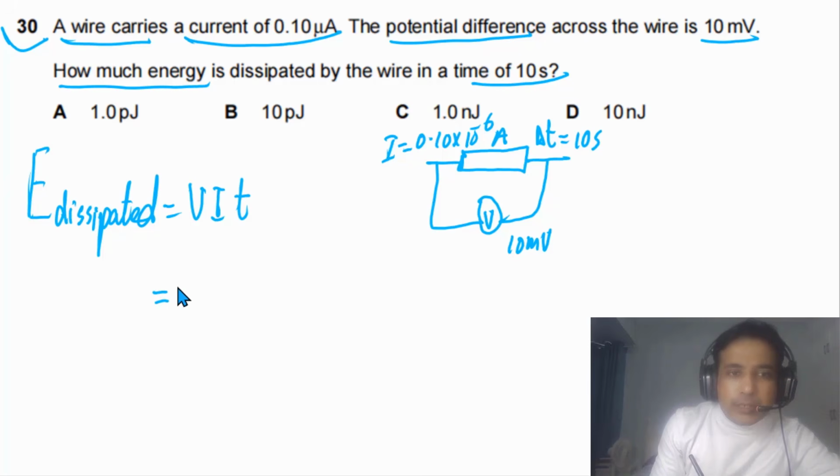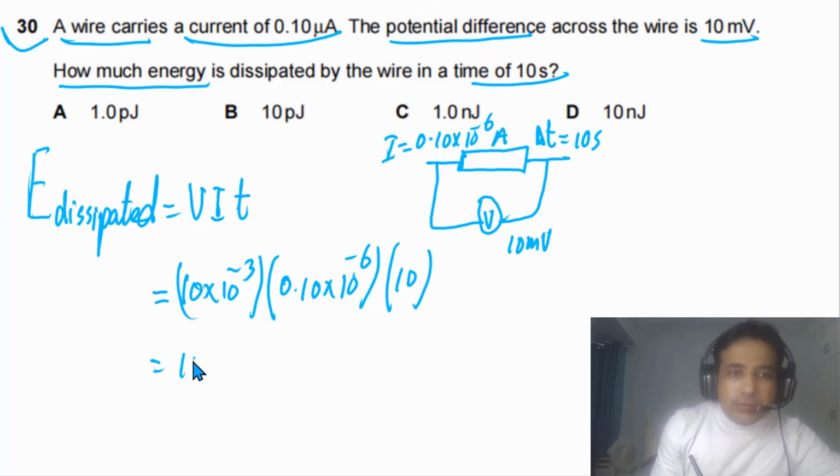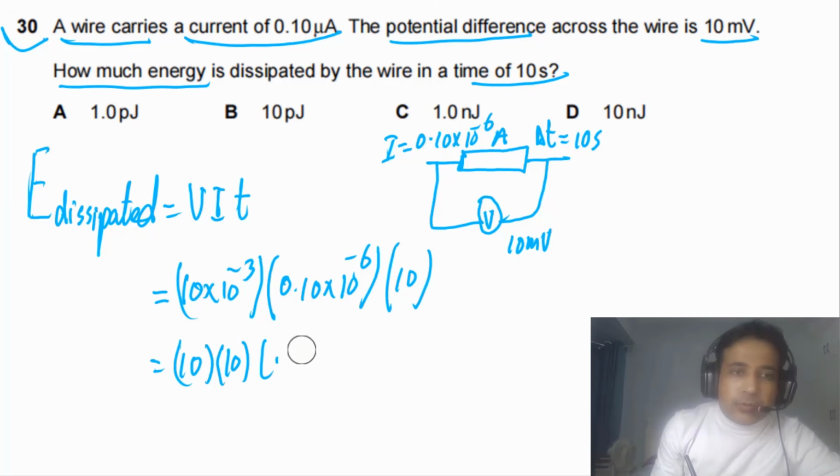Now simply you need to plug in values. The value of V is 10 millivolts, so this is 10 times 10 to minus 3 volts. We have to use SI base units. The value of current is given, that is equal to 0.10 times 10 to minus 6, and we have the value of time, that is equal to 10 seconds. Now if we simplify this, this is 10 times 10 times 0.10, and we can replace 0.10 with 10 divided by 100.